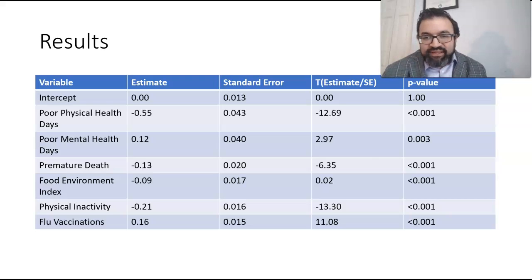I want to emphasize again these p-values, and these are all statistically significant. So, as you can see: poor physical health, poor mental health, premature death, food environment index, physical inactivity, and flu vaccinations.